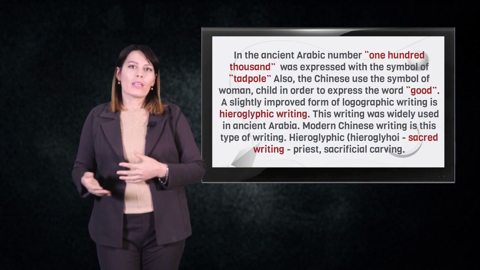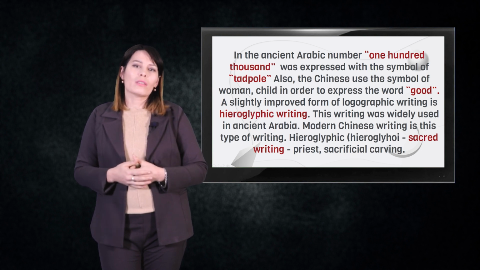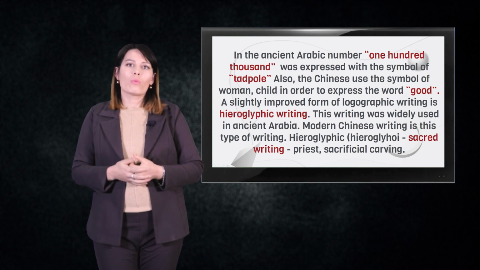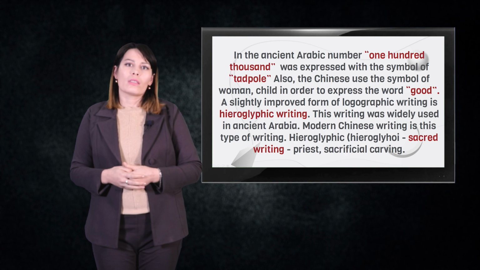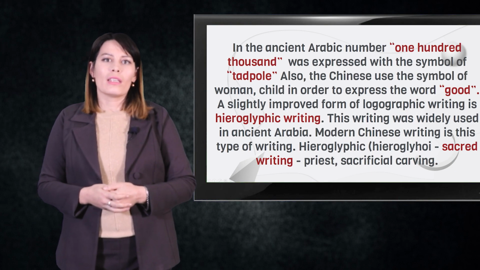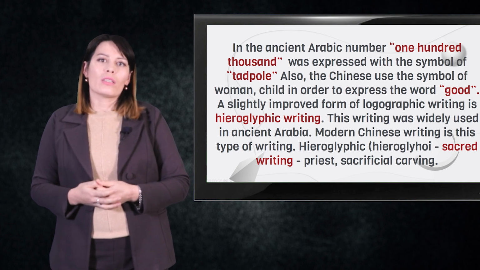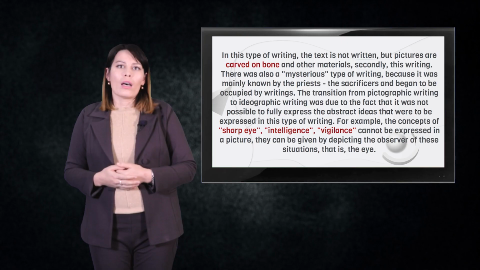For example, according to Arabic numbers, 100,000 was expressed by the symbol of the tadpole. And another example: Chinese people used the woman and child in order to express the word good. This is an old example of ideographic writing.